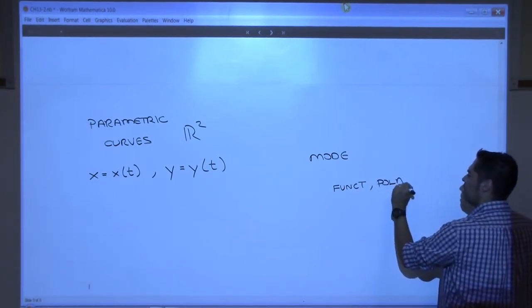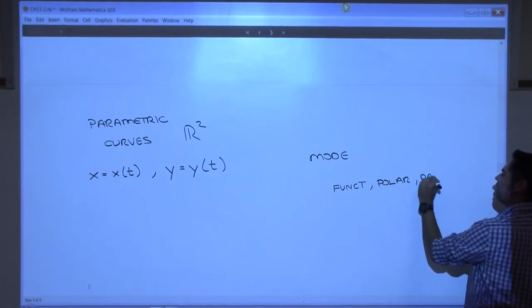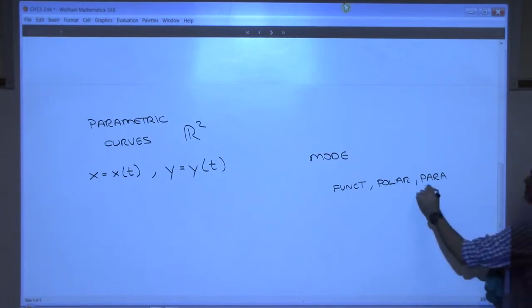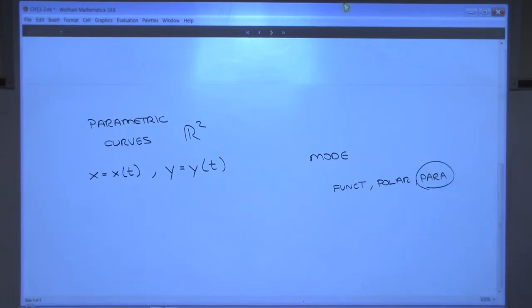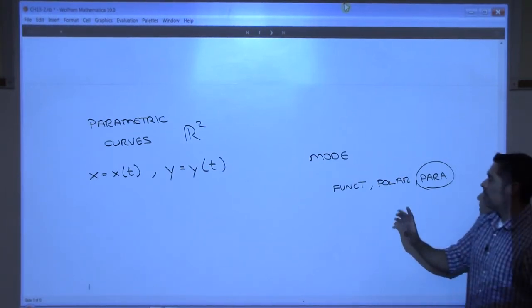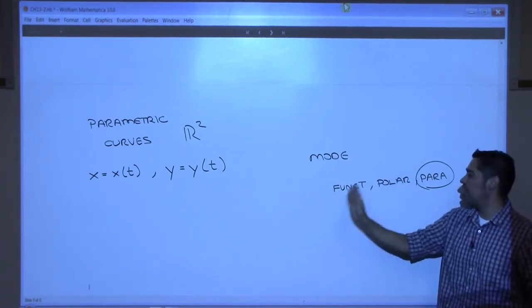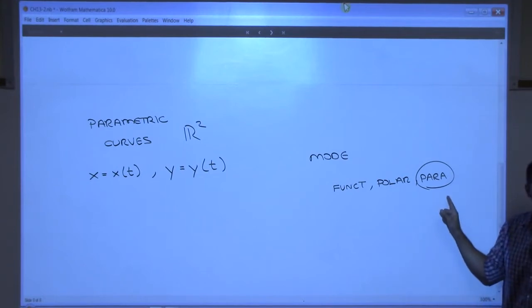Polar, and then parametric. And there's other ones depending on your calculator. But your calculator does have a parametric mode, and I encourage you to go in there and learn this mode. If you come by my office, I'll show you how to mess with it. You actually can throw function mode completely out of your calculator and never use it again in your life and just use parametric mode. And you can do everything you've done before.